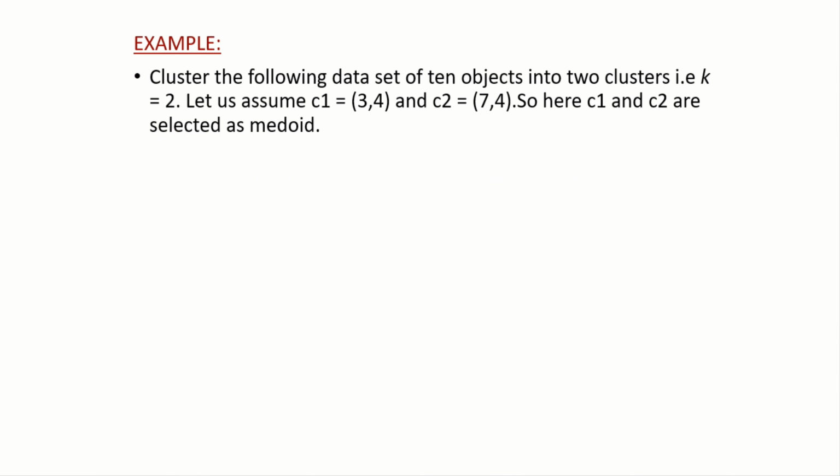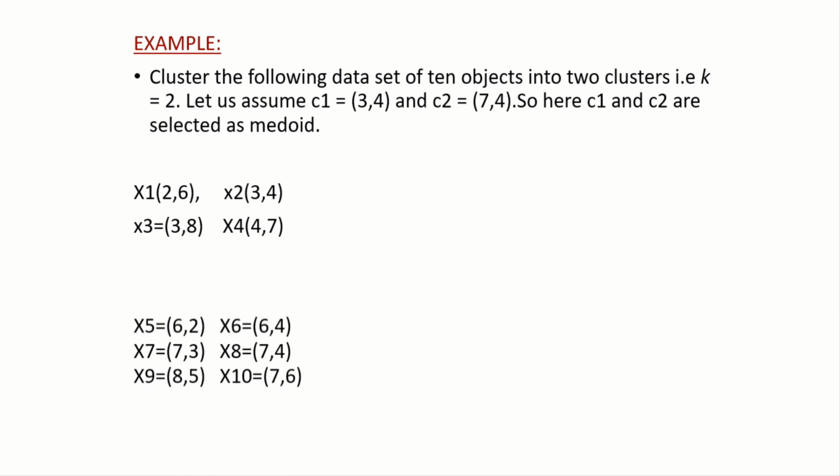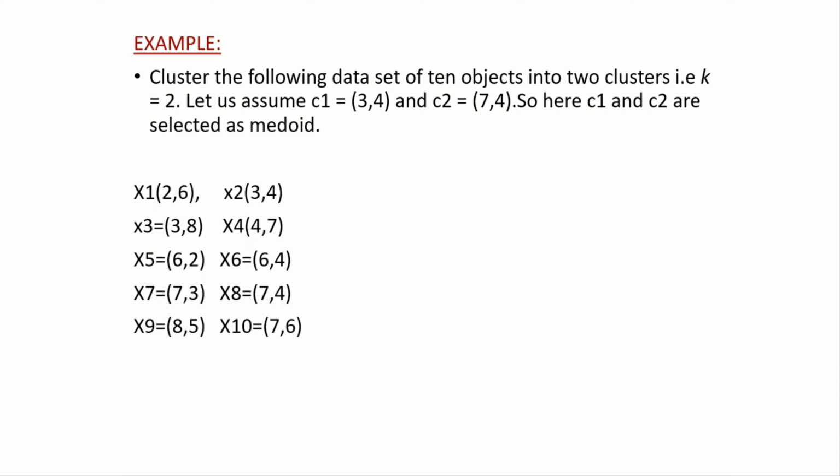So let us now quickly understand the algorithm through an example. Let us suppose that we have to cluster the following dataset of 10 objects into two clusters, that is k equal to 2. Let us assume that the two centroids are C1 as (3,4) and C2 as (7,4). So here C1 and C2 are selected as medoids, and the 10 dataset points have been displayed here.